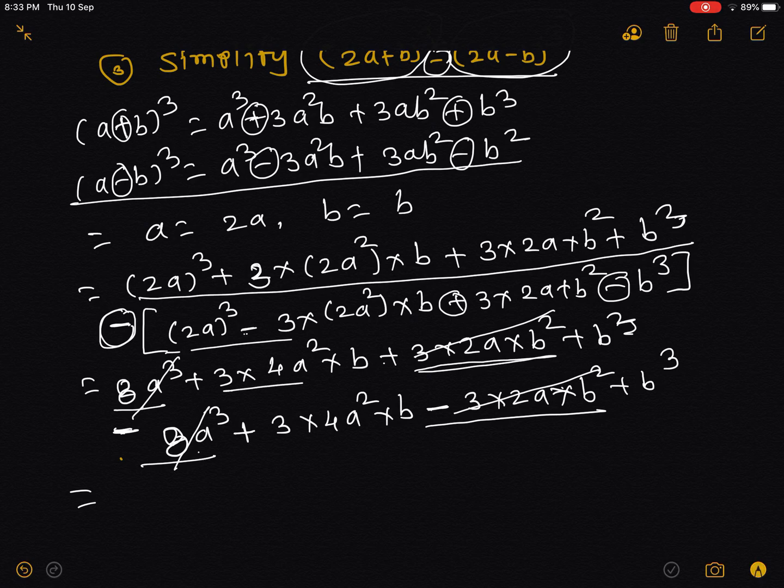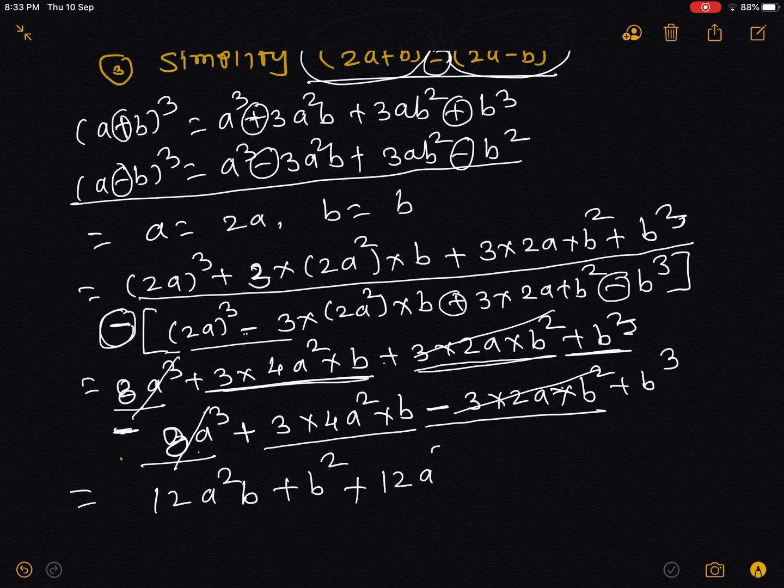Then we get this term, simplification of this term, it is 3 into 4a² into b, that is 12a²b. The remaining term is b³, plus this term 12a²b, plus the last term b³.